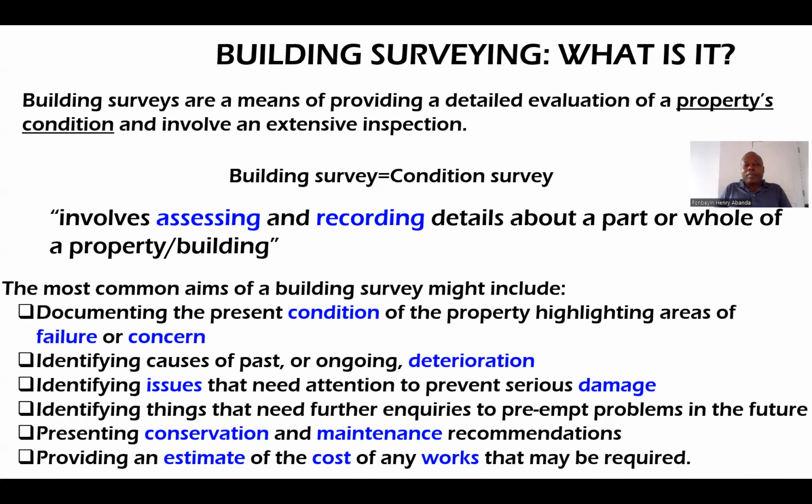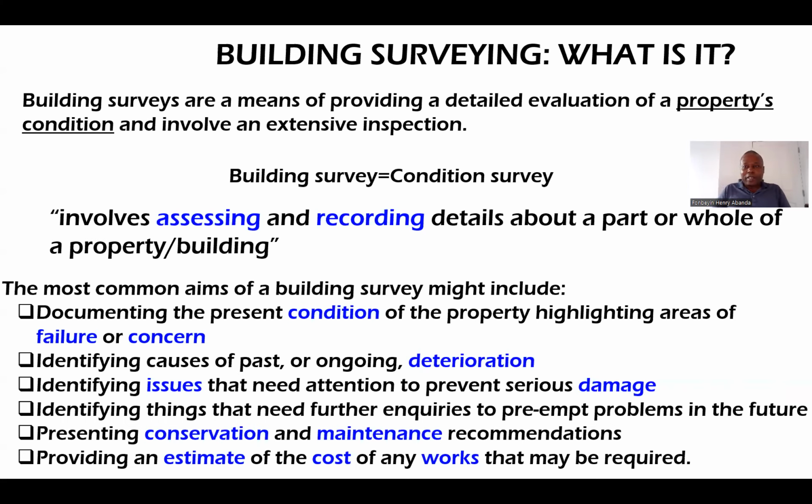Now, the most common aims of building surveying might include documenting the present condition of the property and highlighting areas of failure or concern. When we are evaluating a property or a building, one of the aims is to assess the present condition with the ultimate goal of identifying failures, concerns or defects, identifying the causes of past or ongoing deterioration, and identifying issues that need attention to prevent serious damage.